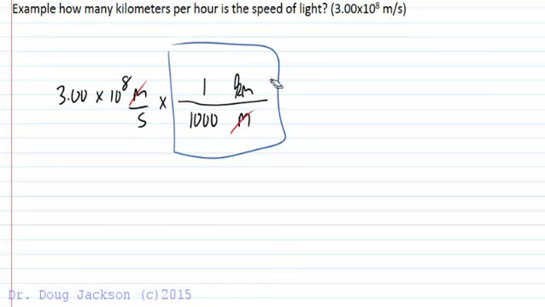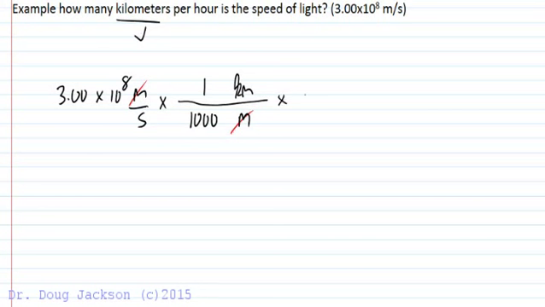Okay, and then we keep going. Well, I've gotten one part of this. The next part, I want to get to hours. Well, I don't have hours. Okay, I can go directly to hours if I know how many seconds are in an hour, but let's just say, let's get rid of the unit we don't want. So I put it on top so that it divides second by second to give 1. And then I can go to minutes. I know how many seconds are in a minute. There's 60 seconds in 1 minute. So these quantities are equivalent.